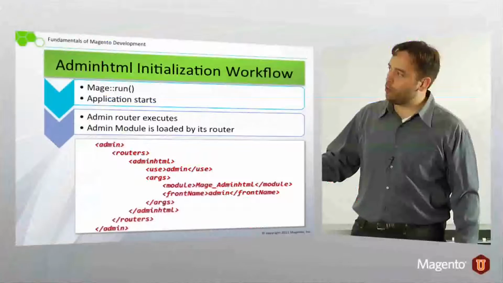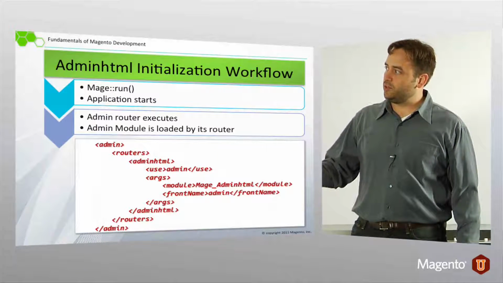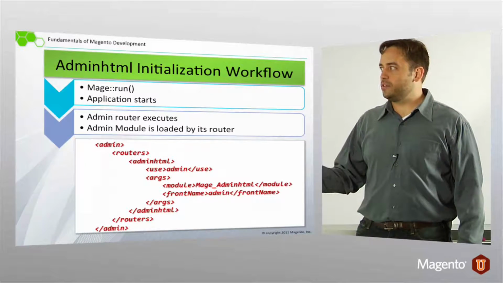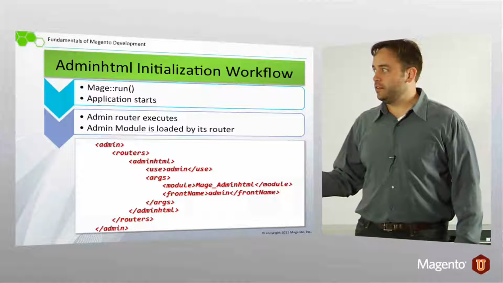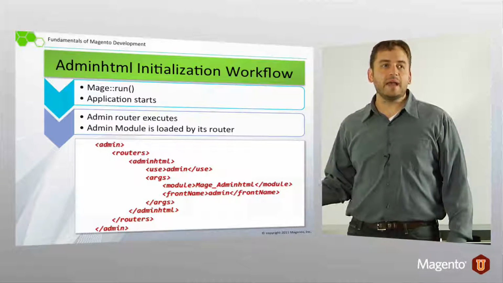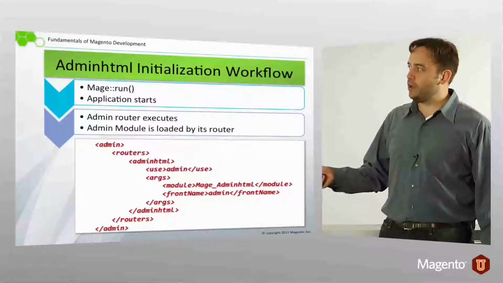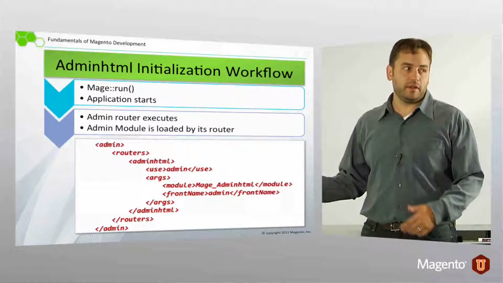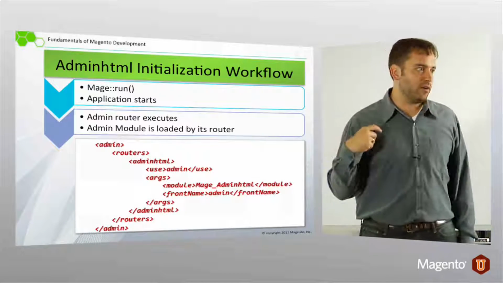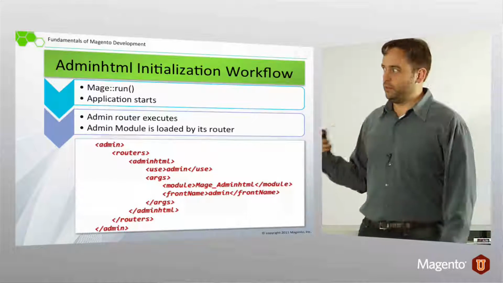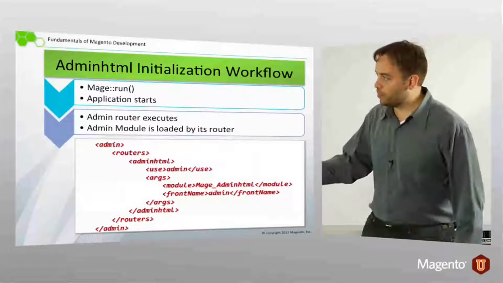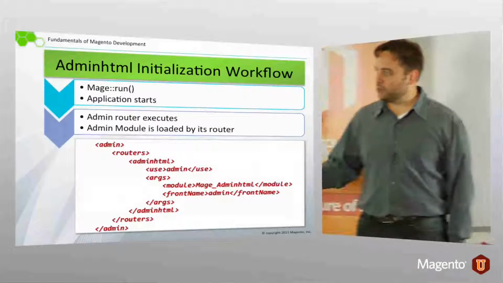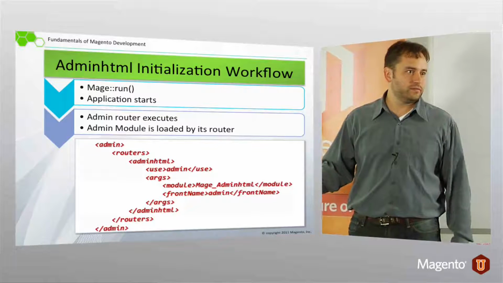So whereas before we were specifying config and then front end routers and then using a standard router, for the admin it would be admin routers, Adminhtml, use admin. Again, the nice thing is in our Adminhtml module, we don't have to worry about this configuration. We simply add a modules node under args here.